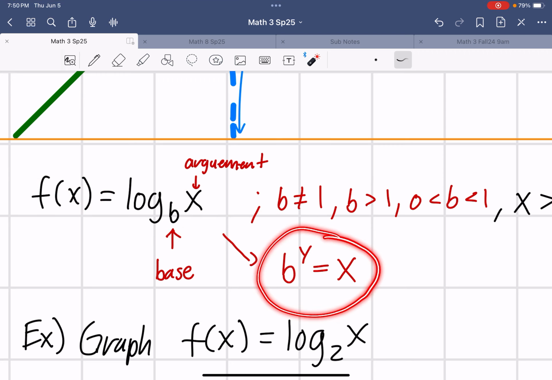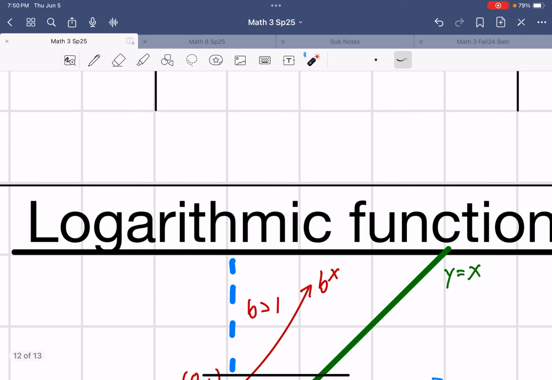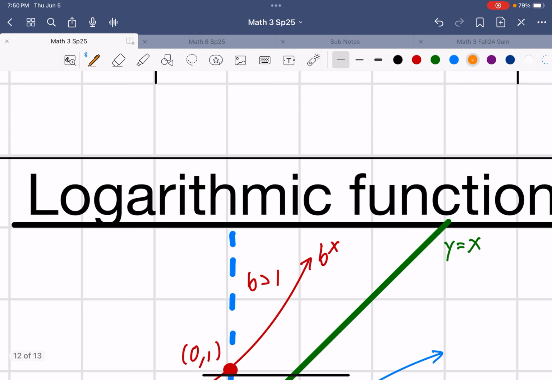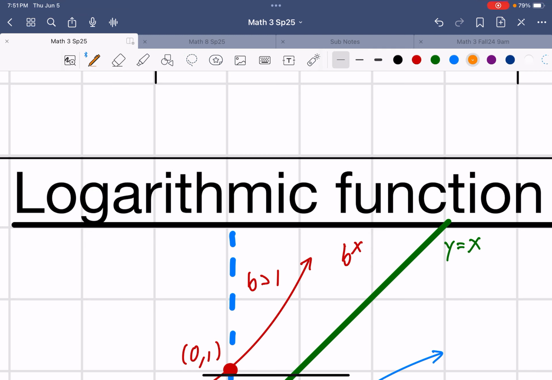So once again, the x's and y's are switching from the exponential function. Because this exponential function, instead of using function notation, you can use equation notation, which would be y equals b to the x.